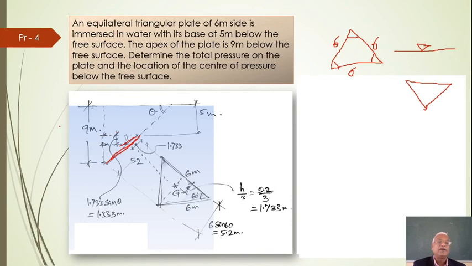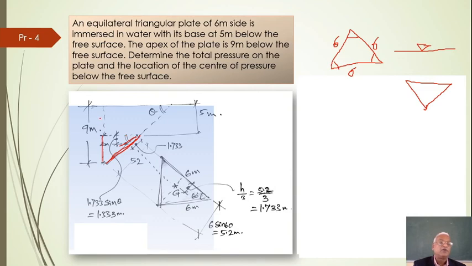So 5 meters and 9 meters, this distance becomes 4 meters. This distance will be 6 sine 60, right?